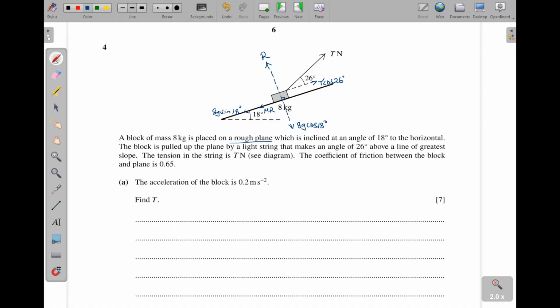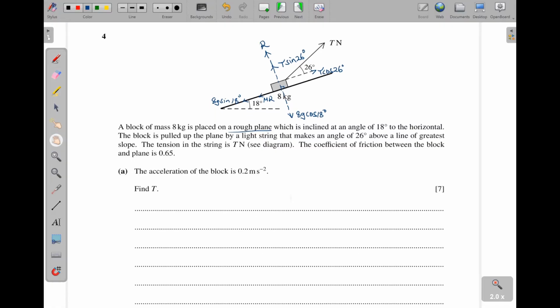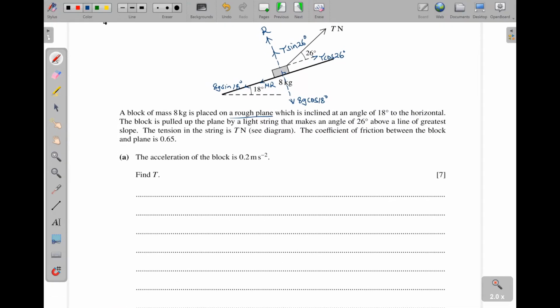Then remember we resolved this T here. We have to also open it up here. Opening is sine and closing is cosine. So I'll have T sine of 26 degrees. Now, since we don't have movement perpendicular to the plane, those forces are in equilibrium.